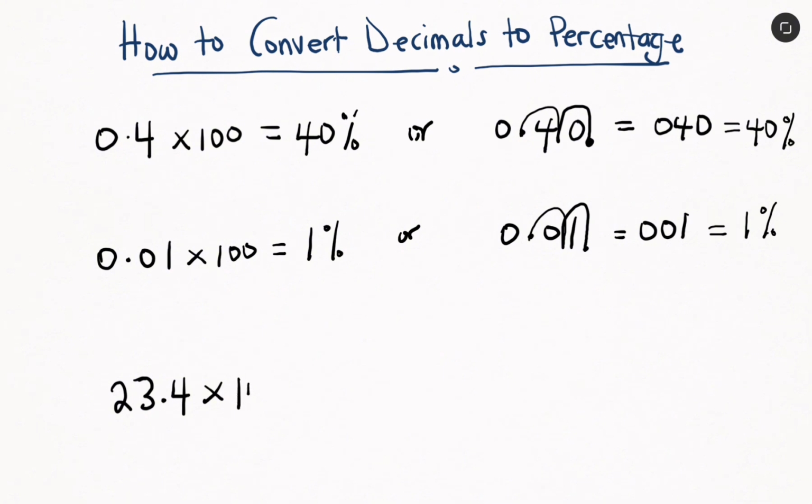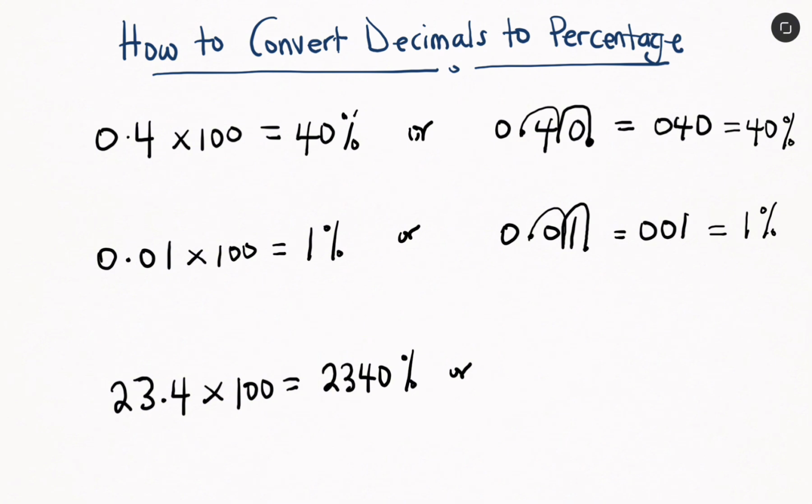All right, so for this case we have 23.4, so we multiply that by 100 and that will give us our answer. So 23.4 multiplied by 100 will give us 2340%. This is the answer we will get.